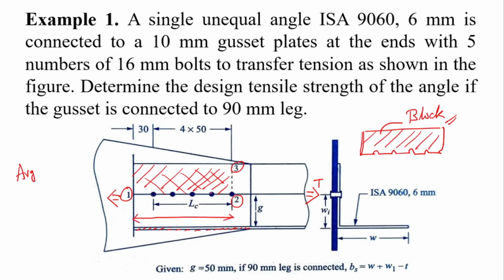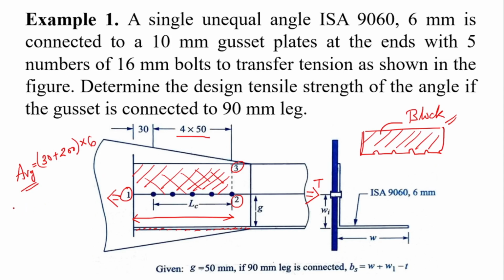What is the distance between 1 and 2? It is 30 plus 4 into 50, that is 230. If I multiply this distance with the thickness of the angle, 6, it will give me the value of Avg, the gross area between 1 and 2.